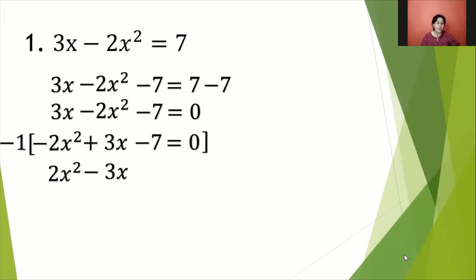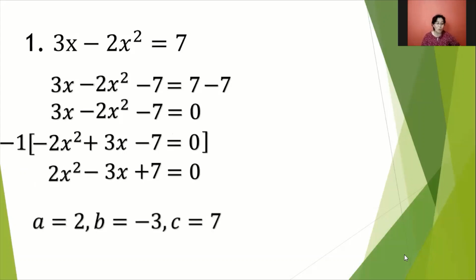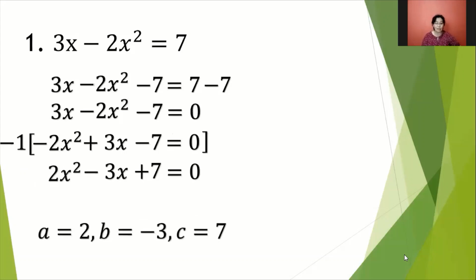Negative 1 times negative 7 is equal to positive 7. Then that is equal to 0. As simple as that. Then the value of a is equal to 2, b is negative 3, and c is equal to 7. Okay?